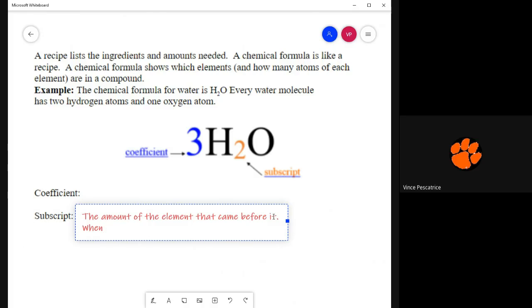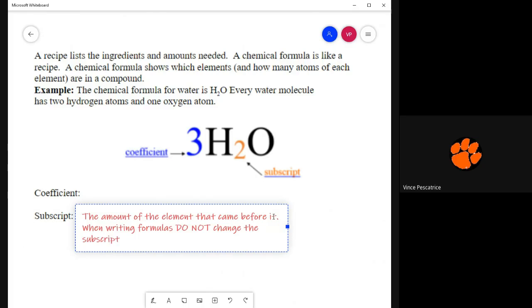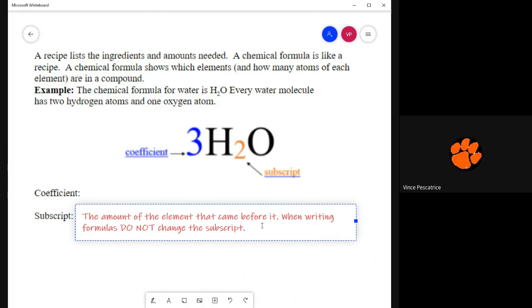Writing these does not change the subscript. So in this one, H has 2. So 2 says that there are 2 H's. If there is no subscript, that just means there's one of it.